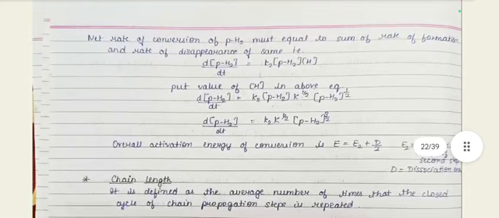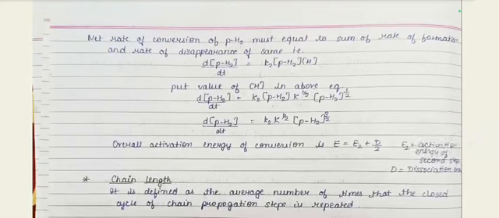pH2 in equilibrium with 2H, and pH2 + H gives oH2 + H. The equilibrium constant is written as K = [H]^2/[pH2], so [H]^2 = K[pH2], so [H] = K^(1/2) [pH2]^(1/2). The net rate of conversion of pH2 must be equal to the sum of the rate of formation and the rate of disappearance, that is, d[pH2]/dt = k2[pH2][H].